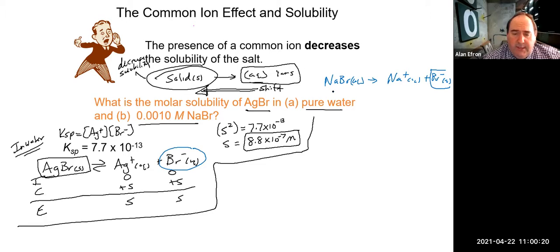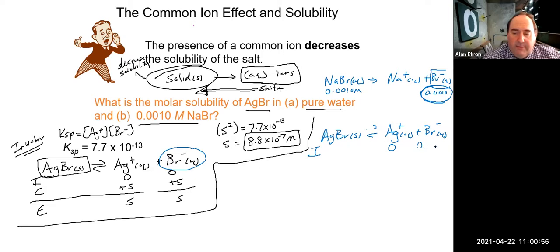The concentration of the sodium bromide was 0.001 molar. It's a 1-to-1 relationship, which means 0.001 molar here. And what that means is if we set up our ice table here, silver bromide, just like we did before, going to our silver plus our bromide. Initially, we would have 0 here, but because the common ion is present, this guy for the bromide would not be 0.